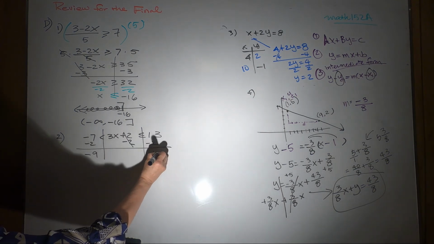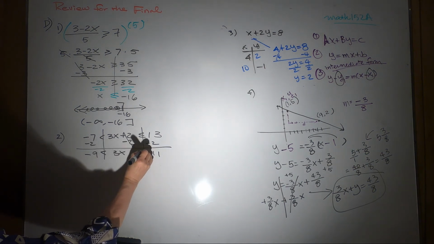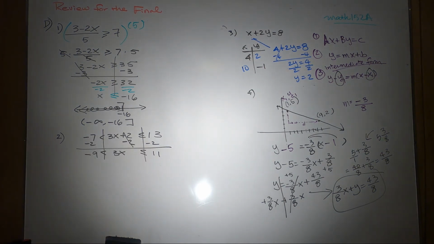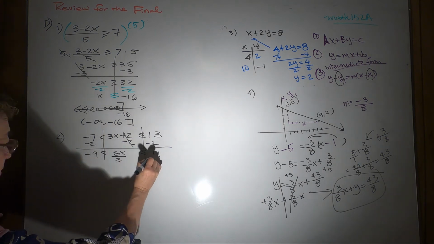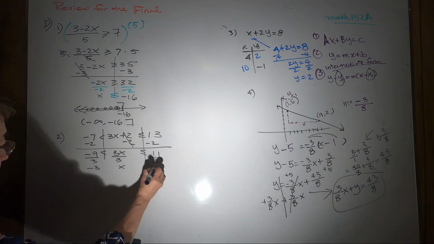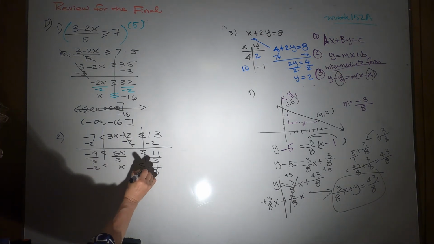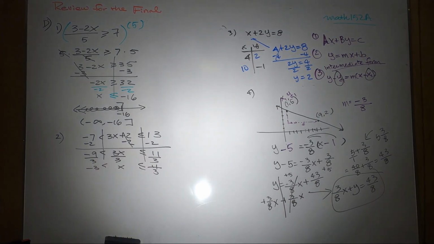Cancel all, that would be 11. Do we change the direction of inequalities? No. Then get x by itself, divided by 3. That would be negative 3 less than x, less than or equal to 11/3. No changing for the sign.